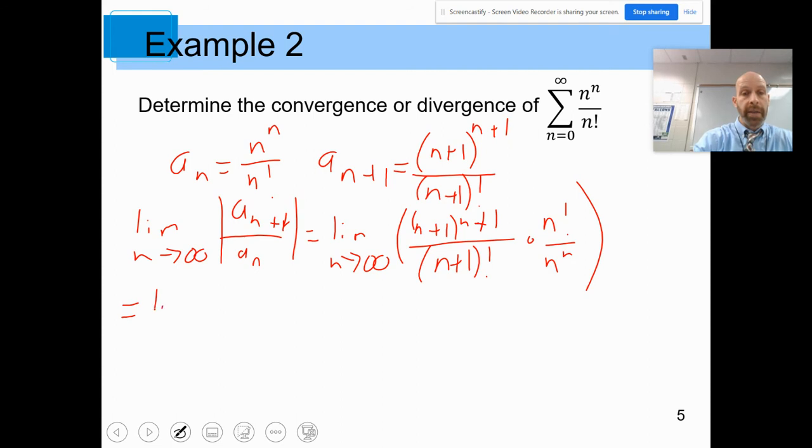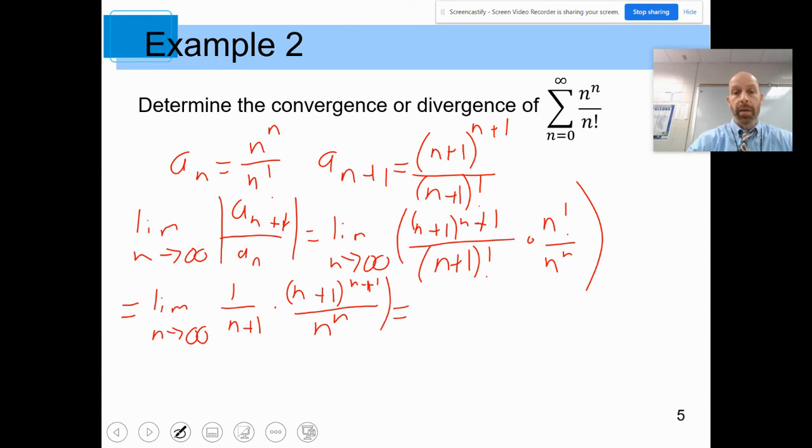So that's going to give us the limit as n goes to infinity of 1 over n plus 1 times, and now I'm going to do all the powers of n over here, so that's going to give us n plus 1 to the n plus 1 over the n to the n.